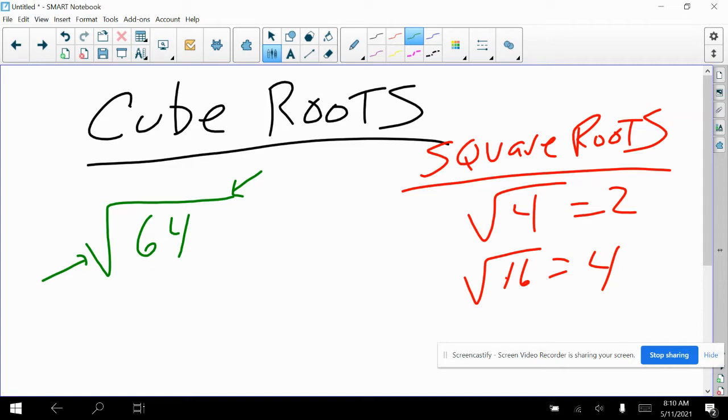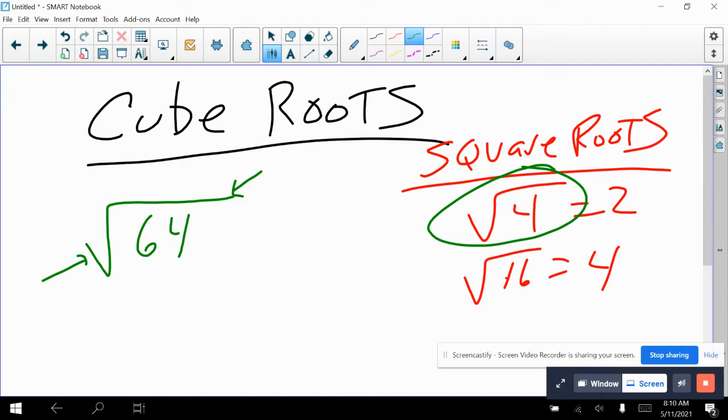The symbol itself is, yeah, most people say it's the radical sign. Even though you could say it's the square root sign, if we're talking cube roots, you would probably want to use the radical sign more because when you say square roots, most people think of something that's square.